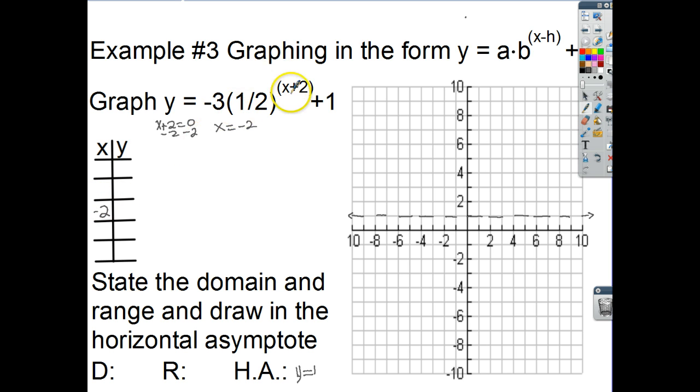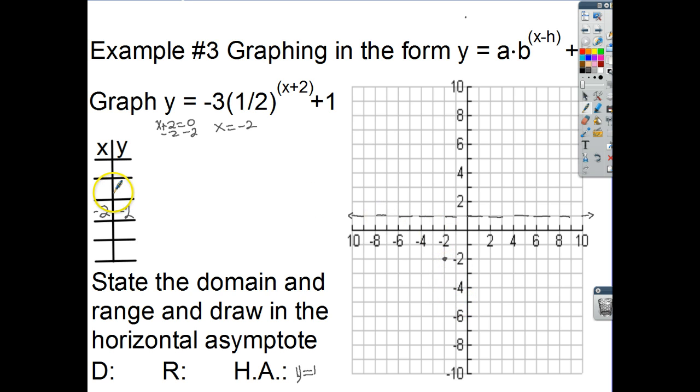So when we put in negative 2, of course that changes the exponent to 0. Anything to the 0 power is 1, and then 1 times negative 3 is negative 3. Negative 3 plus 1, we get negative 2. So the point negative 2 is about halfway through this curve.